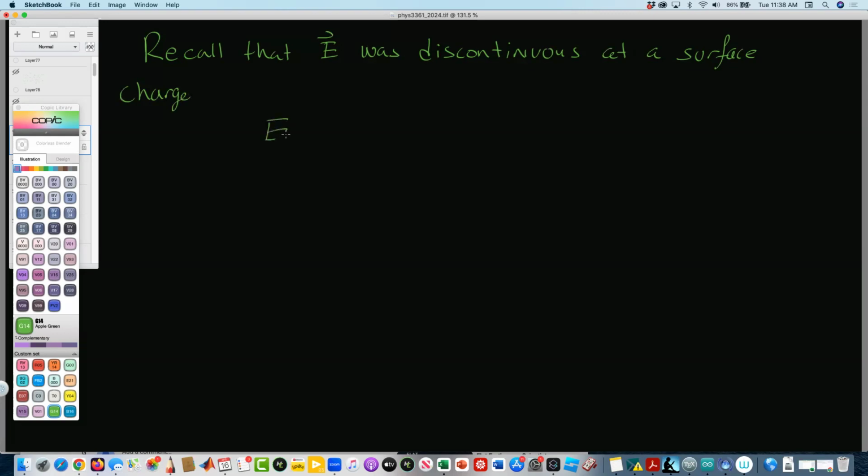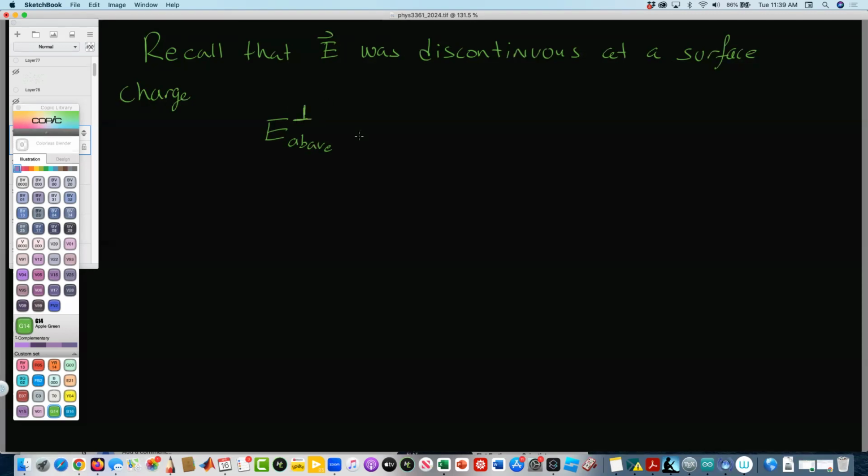If you think of an infinite plane of charge or a sphere of charge, then above the sphere, E, oh sorry, this is perpendicular.